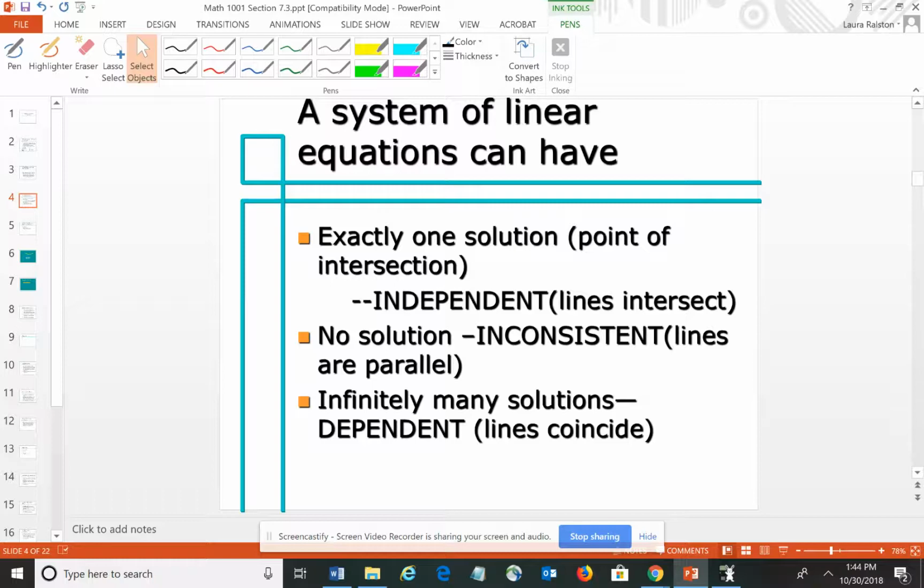When you think about a system and you're trying to think about solving it, there's basically three things that can happen. One option is that you would have exactly one solution.